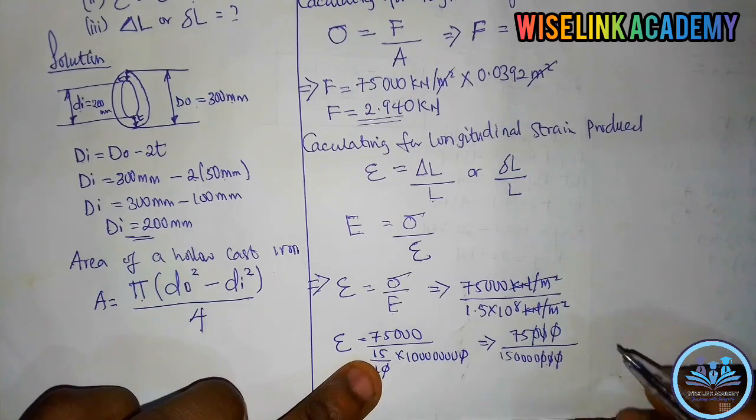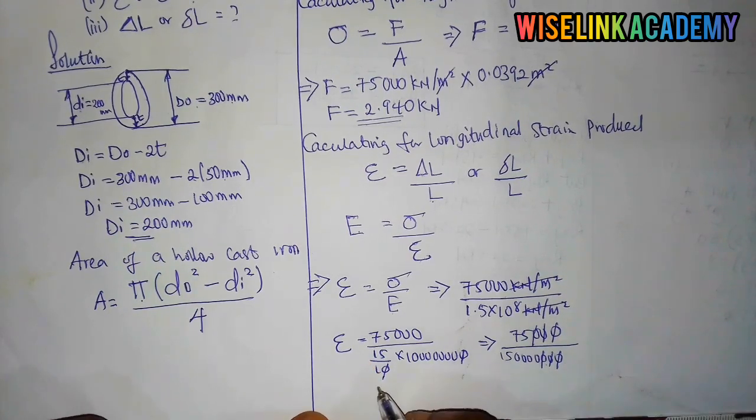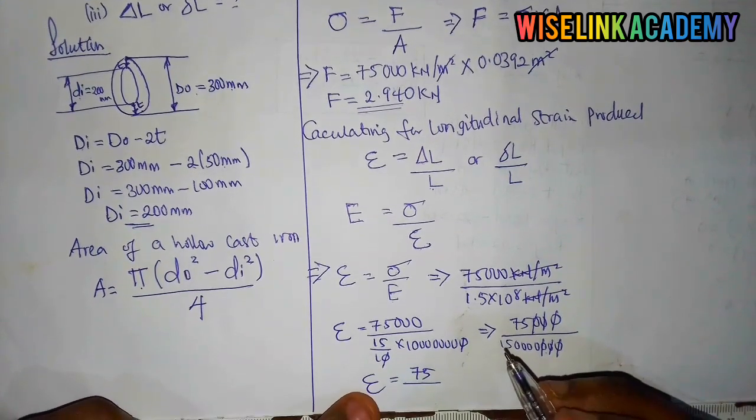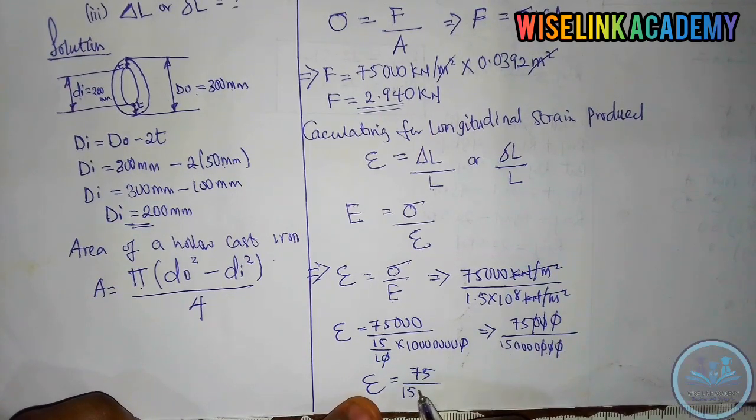So I'm left with my strain is equal to 75 over 150,000. I'm left with that.